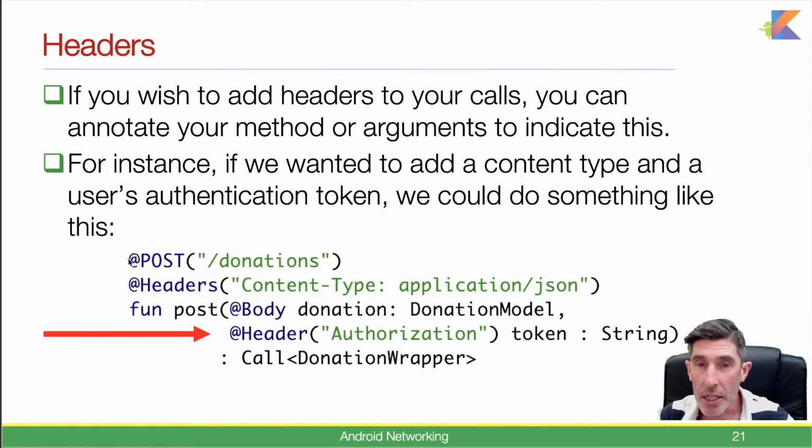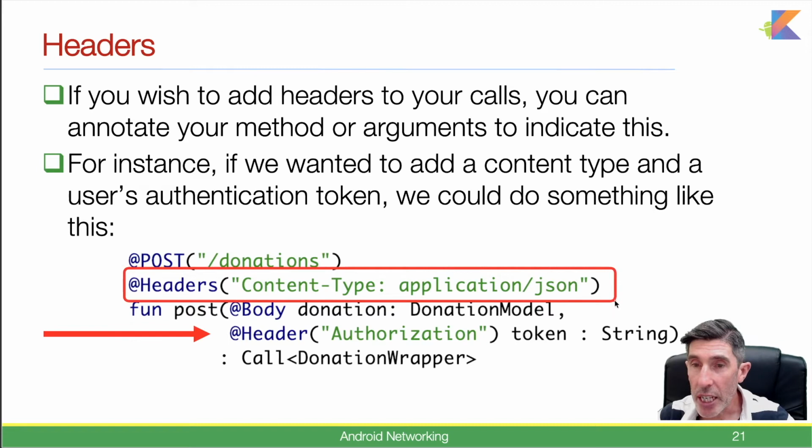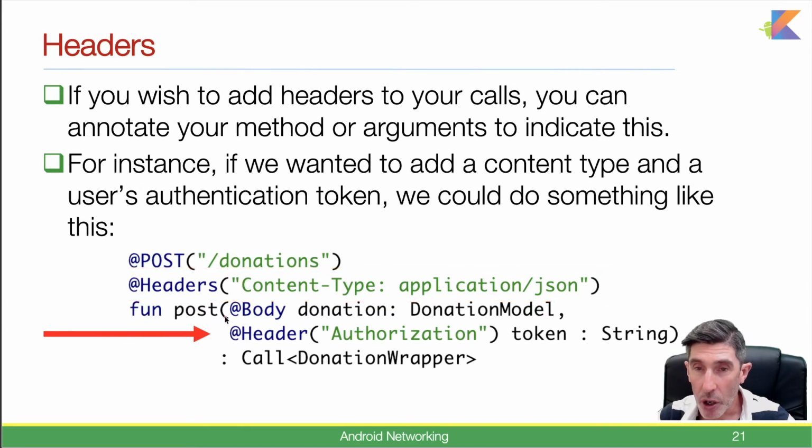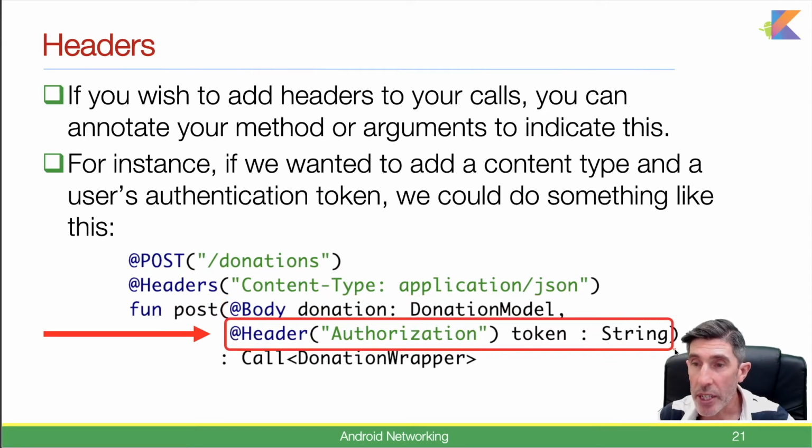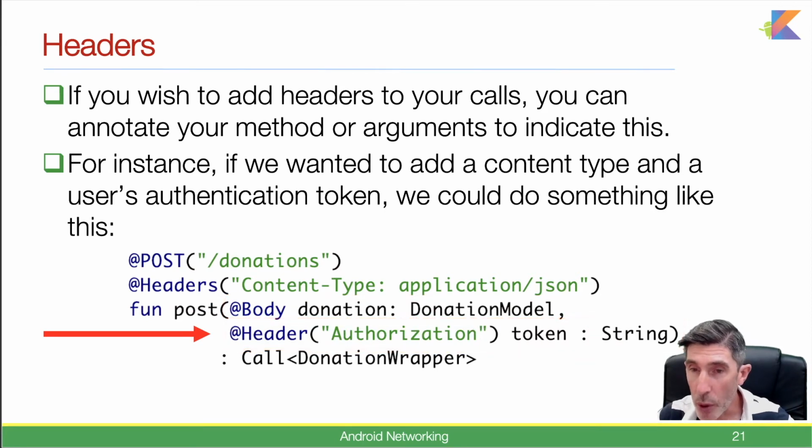Here we're explicitly saying we're sending up JSON in our request, and as well as the body sending a donation, we're also specifying some authorization token, so that if you were dealing with web tokens and needed to be authorized access to allow the post to happen, that's how you would do it.